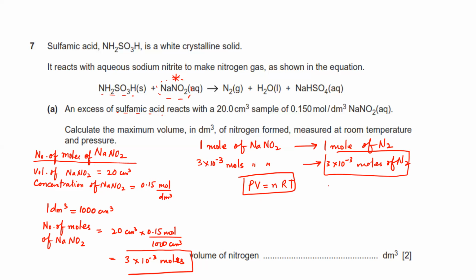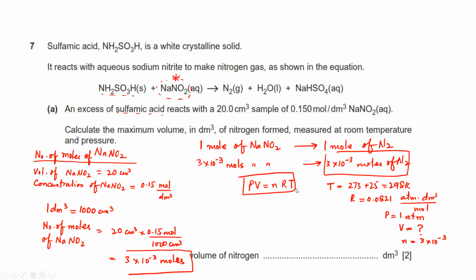I can assume room temperature is 273 plus 25, 298 kelvins. The R value is 0.0821, and remember, the units are atm dm³ per mole per kelvin. Pressure is 1 atm, and the number of moles is 3 × 10^-3.